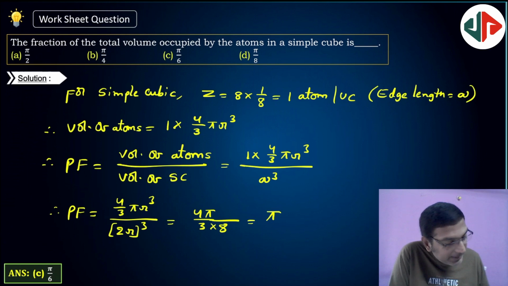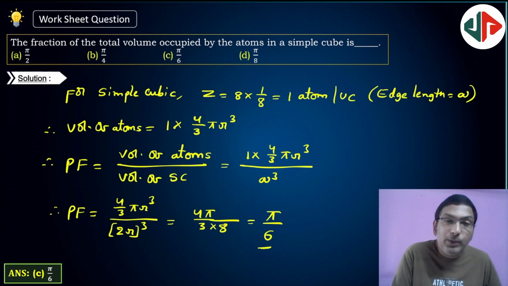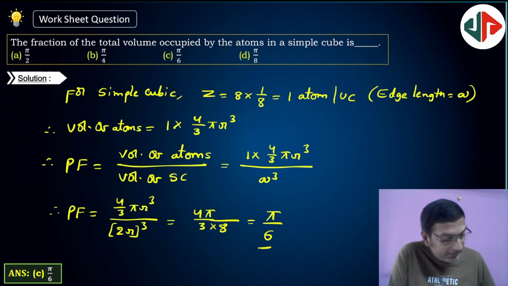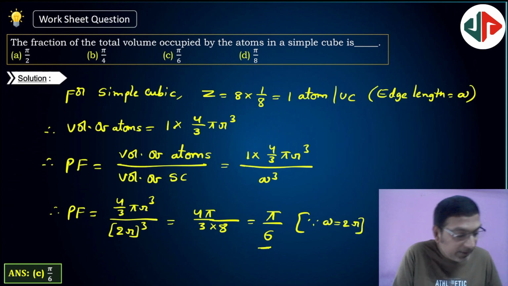That means pi by 6. It is the fraction of total volume occupied by atoms in simple cubic, since A equals 2r for simple cubic. Option C.